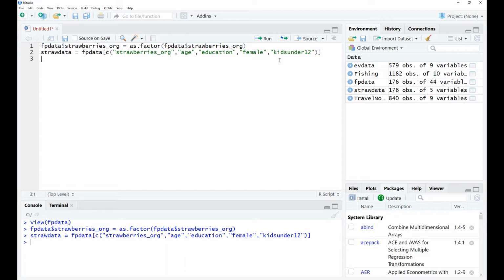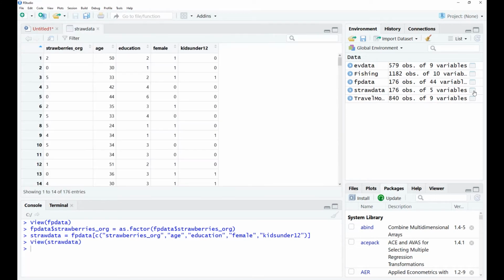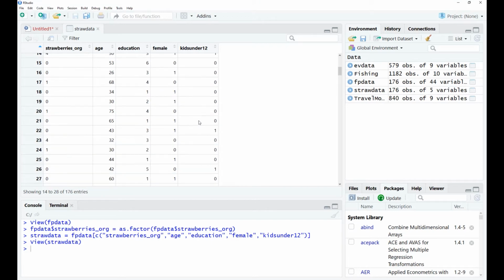And then we are going to use a command that is called na.omit. What na.omit does is it deletes all the rows that are not complete. In our case, we have initially 176 observations.